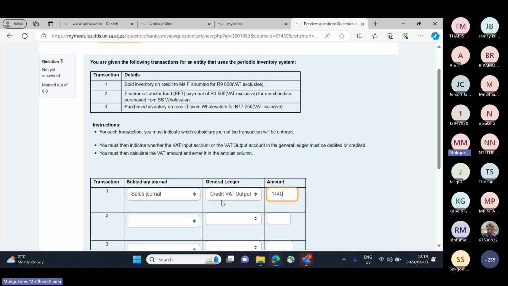Then you'll say 9,600 times 115 divided by 100 to get the amount including VAT, which is 11,040. Then we debited trade receivable with 11,040, and we credited VAT with 1440. And the difference will go to our sales account, which is 9,600.